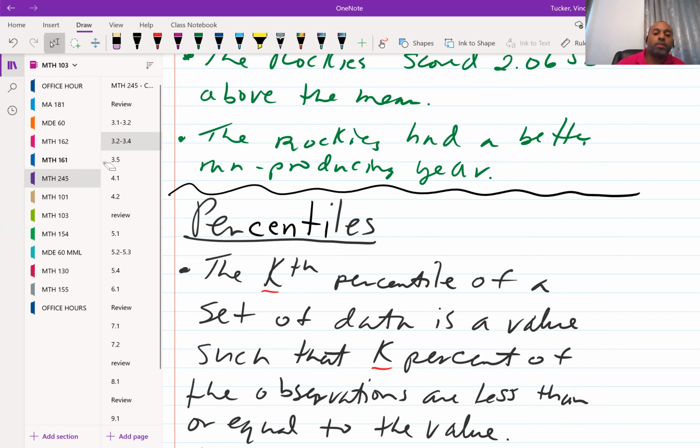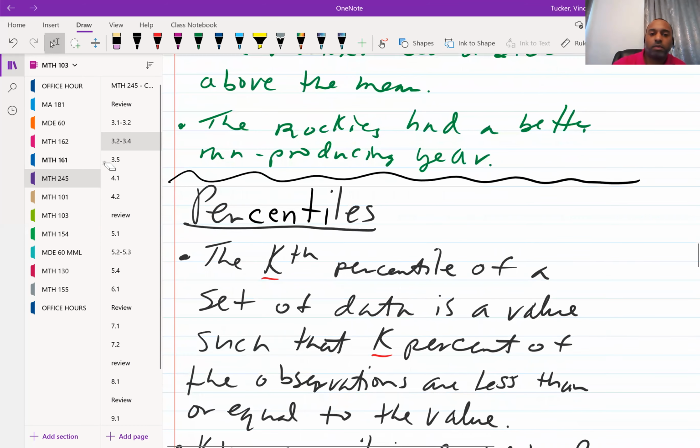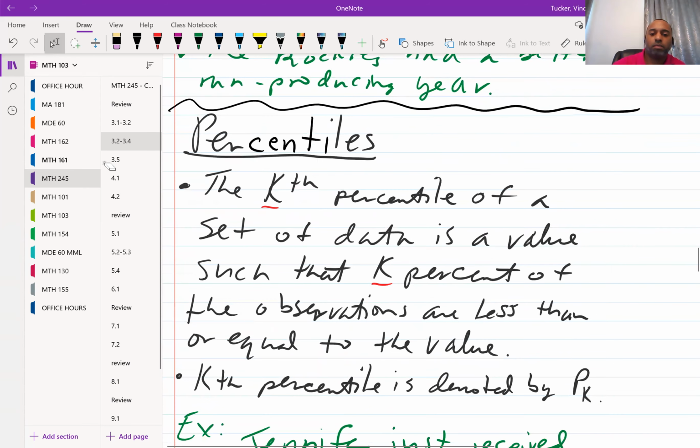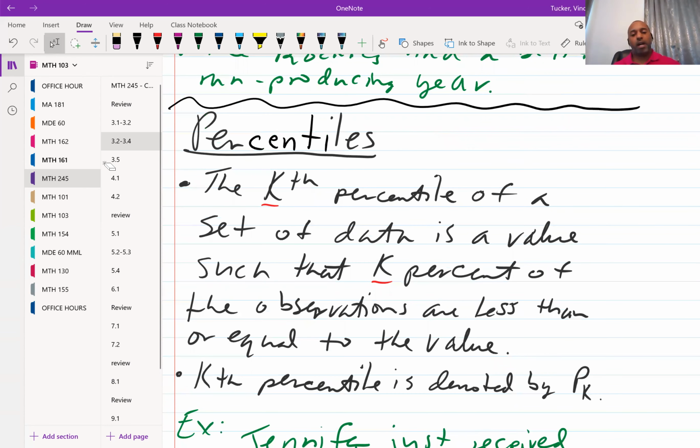So percentiles: the kth percentile of a set of data is a value such that k% of the observations are less than or equal to the value. The kth percentile is denoted as P sub K, so PK.